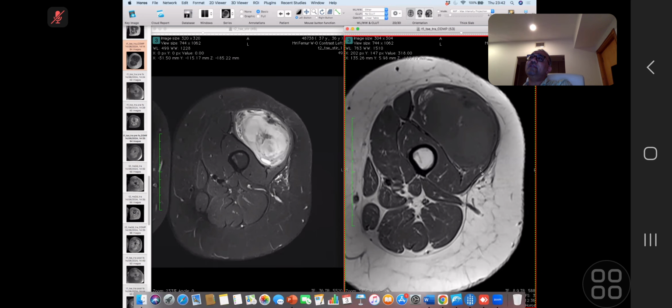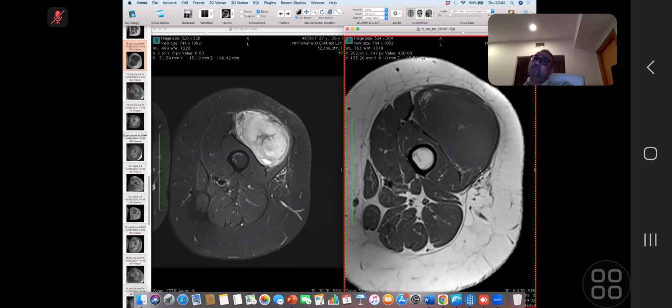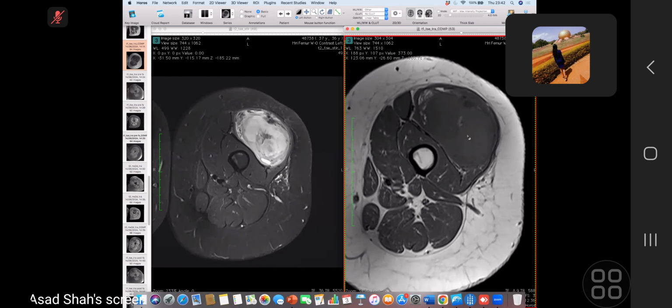Can you define the components which make up the lesion, tissue-wise? So, yes, sir. The lesion is predominantly hypointense, but also has central hyperintense areas. So it could represent hemorrhage within the lesion. Or could be fat.